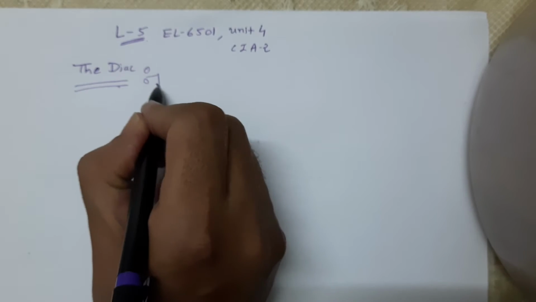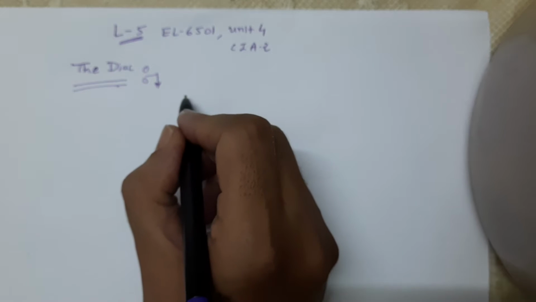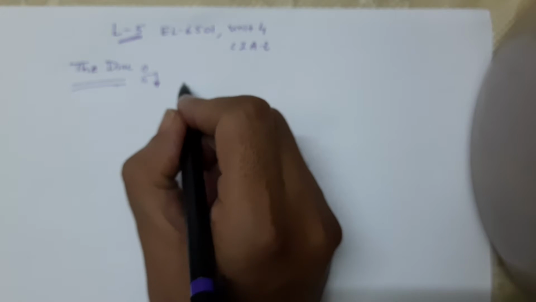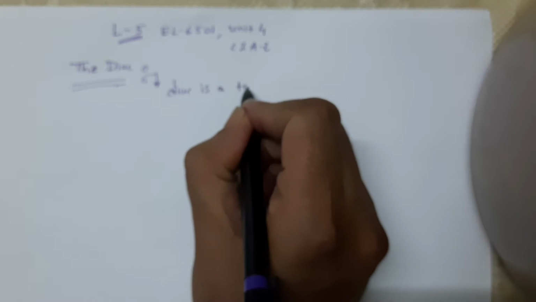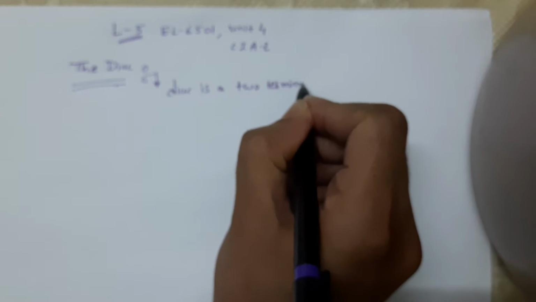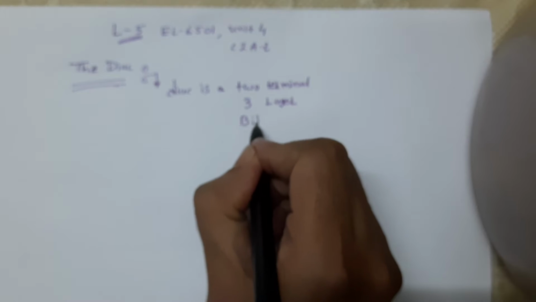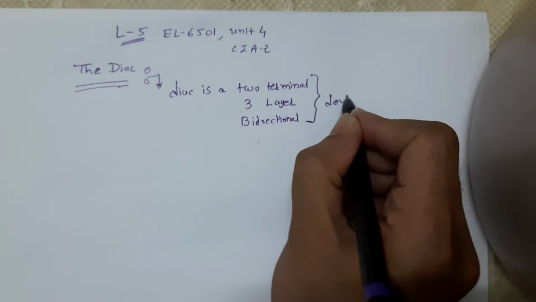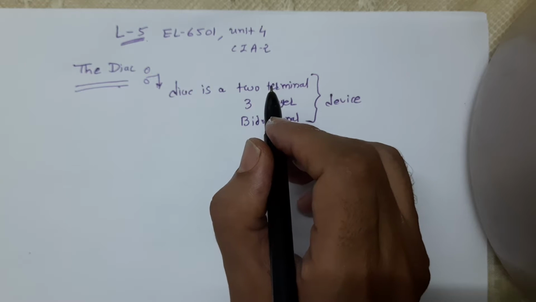What is a diac? The diac is a two-terminal, three-layer, bidirectional device, which can be switched from its off state to on state for either polarity of applied voltage.